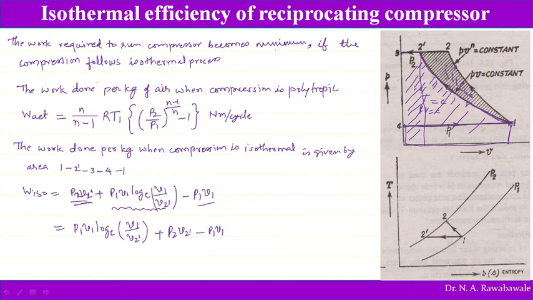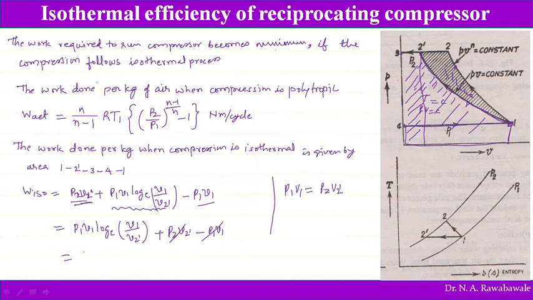Now for the isothermal process P1 V1 is equal to constant, or P1 V1 is equal to P2 V2, but here in place of V2 it is V2 dash. So P1 V1 is equal to P2 V2 dash. Both are the same, so we cancel them, and the work done during the isothermal process can be written as P1 V1 log to the base e V1 divided by V2 dash.